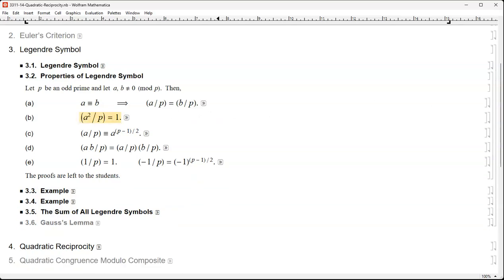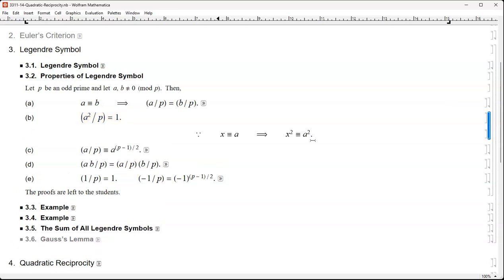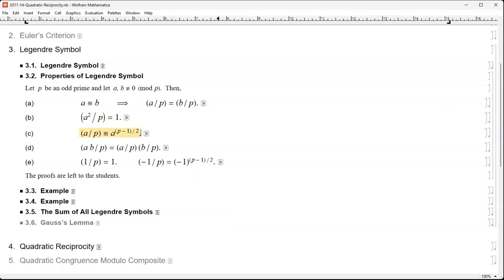A squared over P is always 1, because a square number is always a quadratic residue. If you put x as A, then x squared is A squared. And then this one here, yes, we talked about it already, just Euler's criterion.